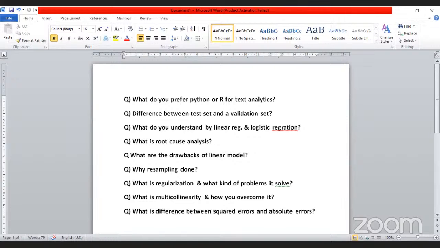Now next one is how are confidence intervals constructed and how will you interpret them? Okay, I will write down the question and then you will understand.